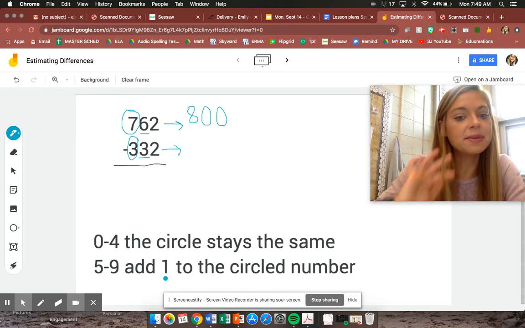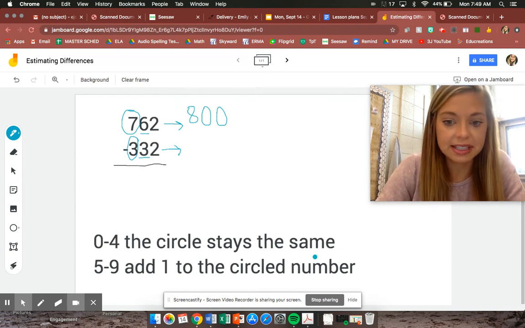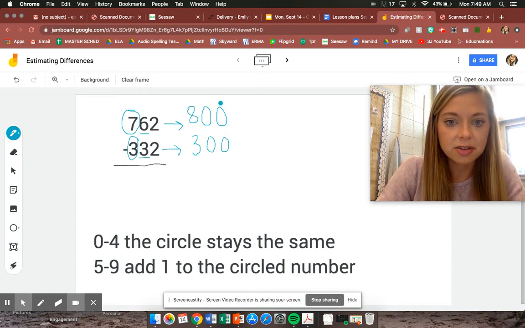So 3 is in between 0 through 4 on a number line. So that means the circle stays the same. Okay, so this 3 is going to stay the same, and all of the other numbers turn to 0. Make sure you're lining up your place value. See how my 1s are right on top of each other, my 10s and my 100s.